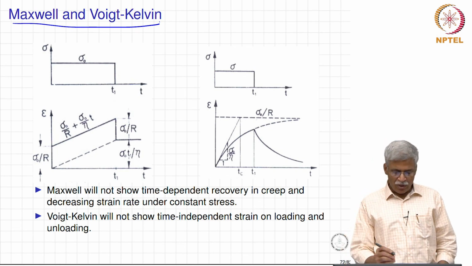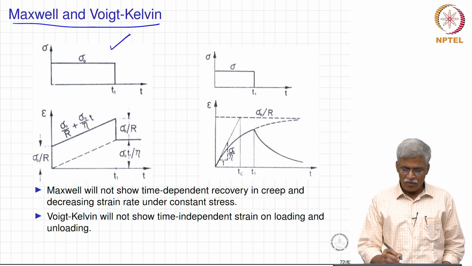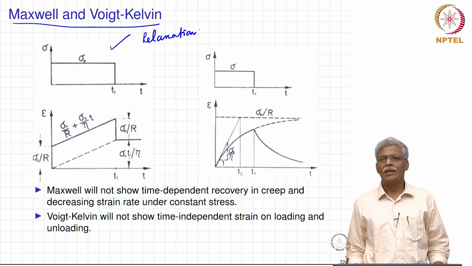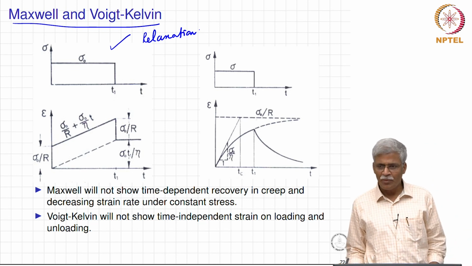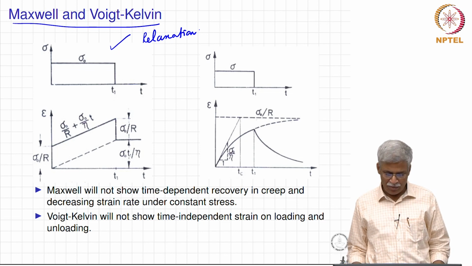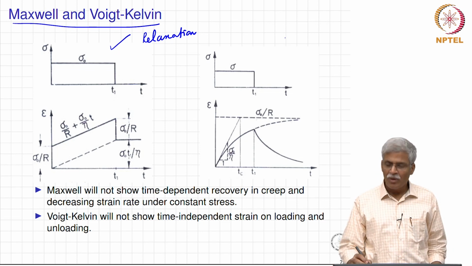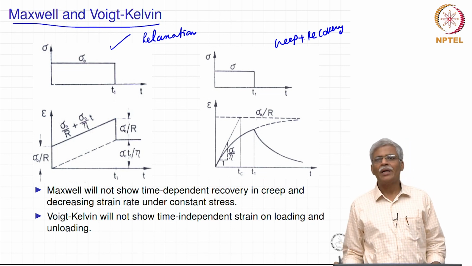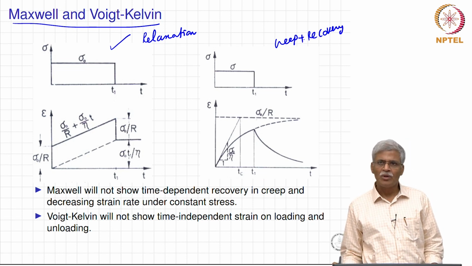While the Maxwell model can do a very good job of relaxation, it cannot do an excellent job as far as predicting the creep and recovery is concerned, as can be seen here. A Kelvin model can do a decent job of predicting the creep and recovery, but it cannot predict the stress relaxation response.